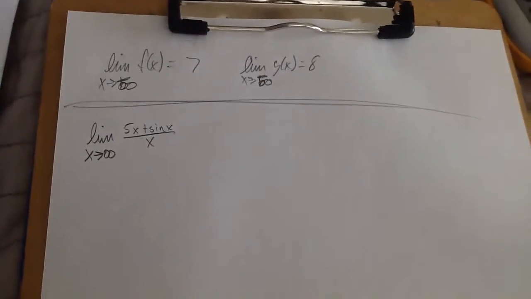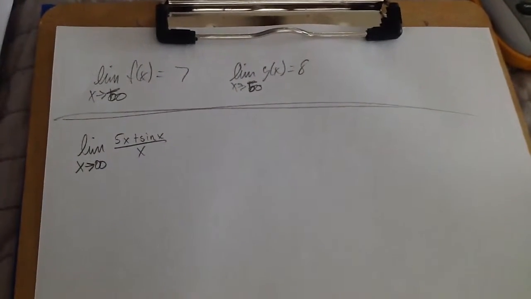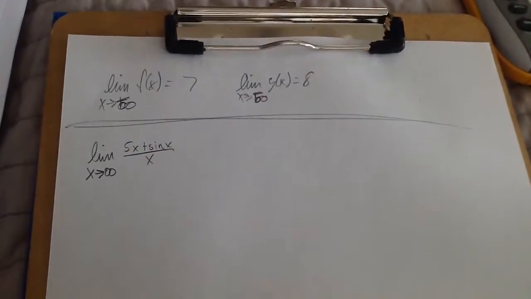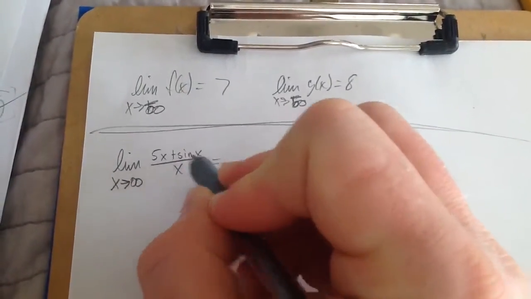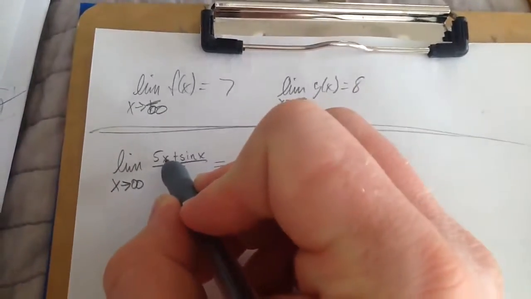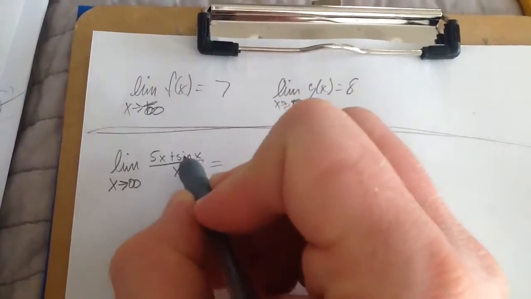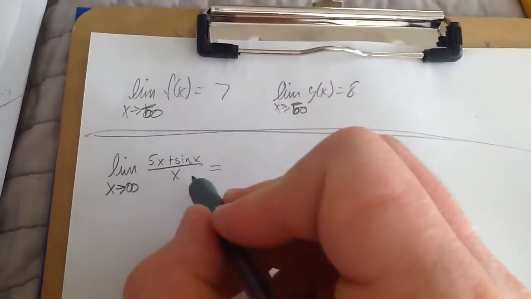But we can use those properties. What we can do is break this apart. If we have 5x plus sine of x, these are both divided by x, right? So I'm going to break these apart.